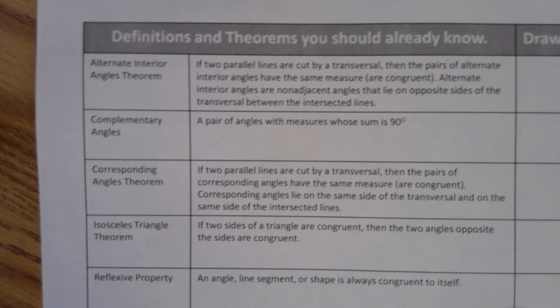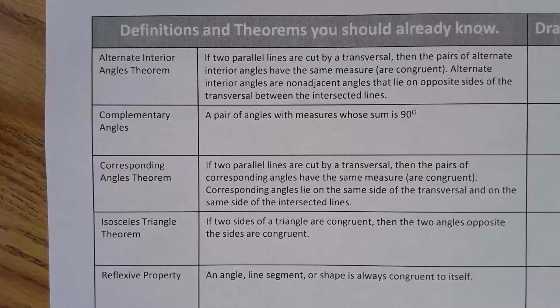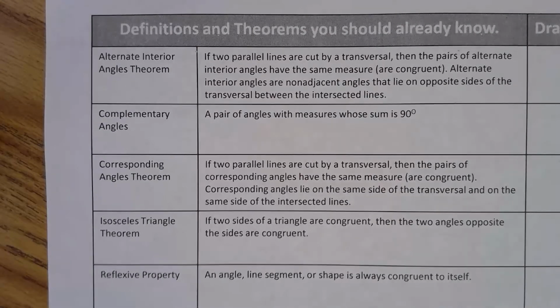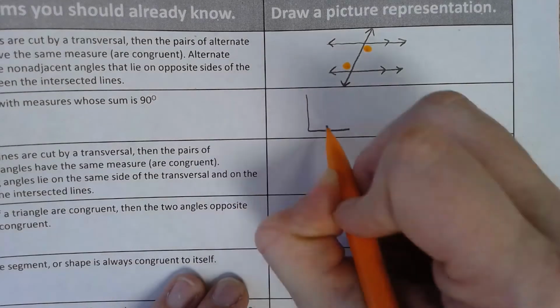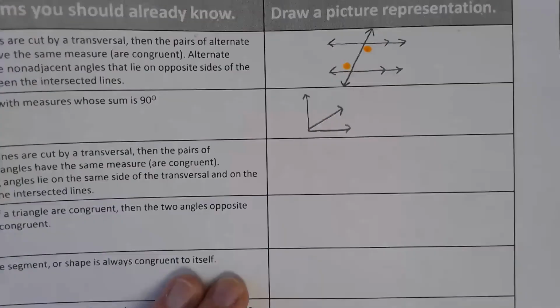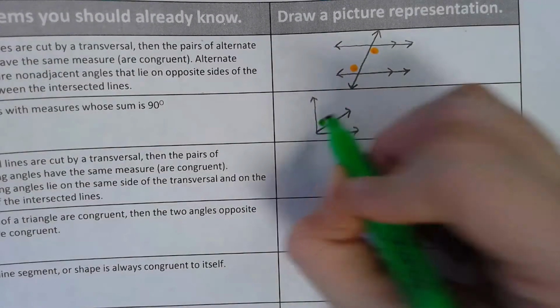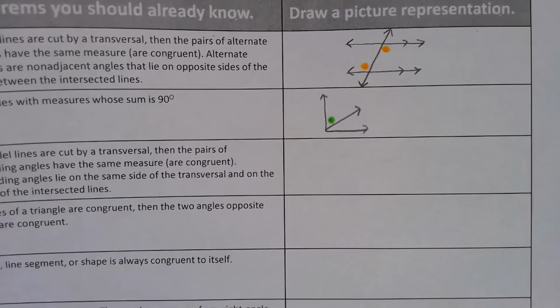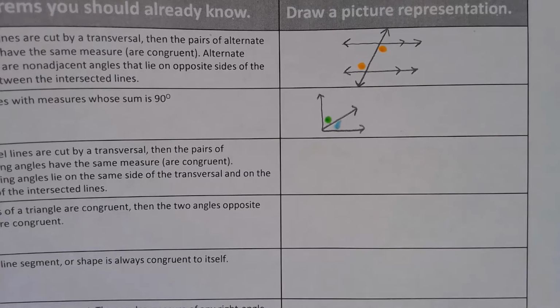Let's look at our next one. Complementary angles. Complementary angles are a pair of angles whose measures add to be 90 degrees. So if we have these 2 angles, then this angle measure plus this angle measure would equal 90 degrees.